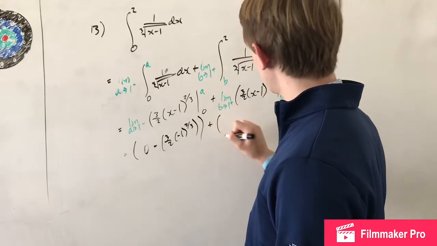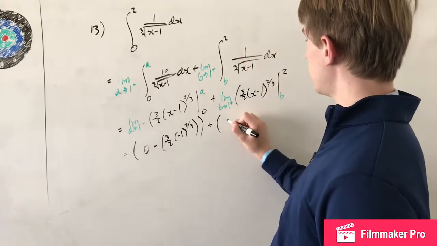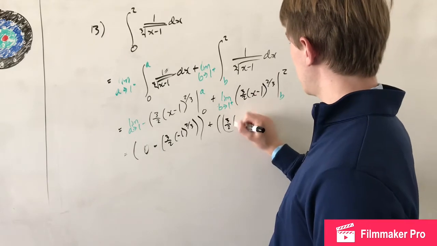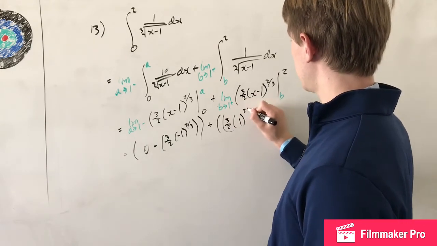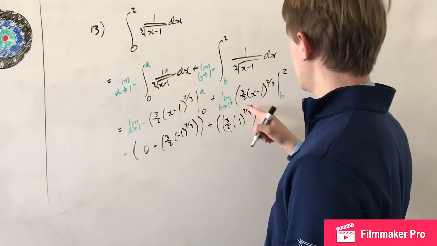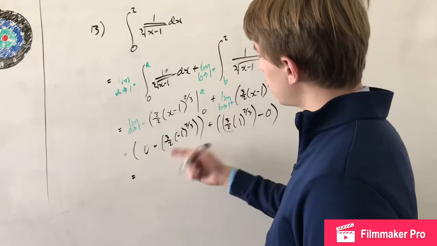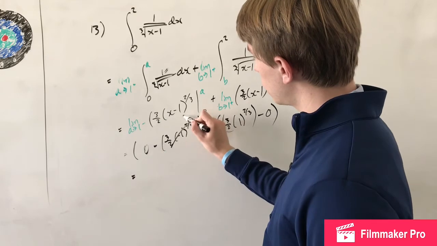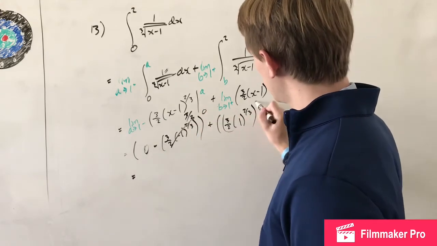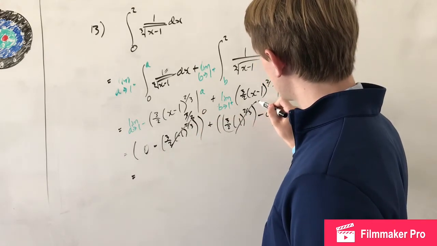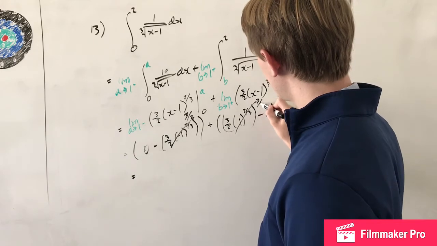Then you add. Now you plug in 2 here, 3/2, that becomes 1 to the 2/3 minus, and again you can just plug in 1 and get 0. So this becomes 3/2, and this also becomes 3/2.